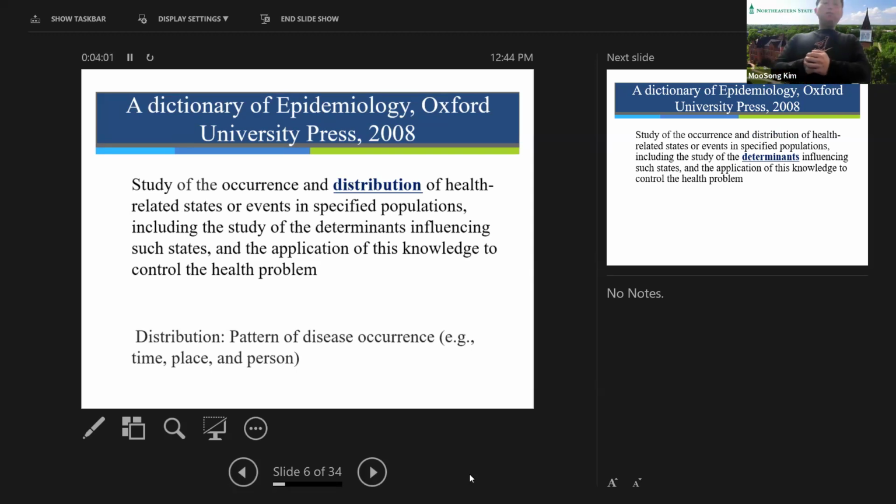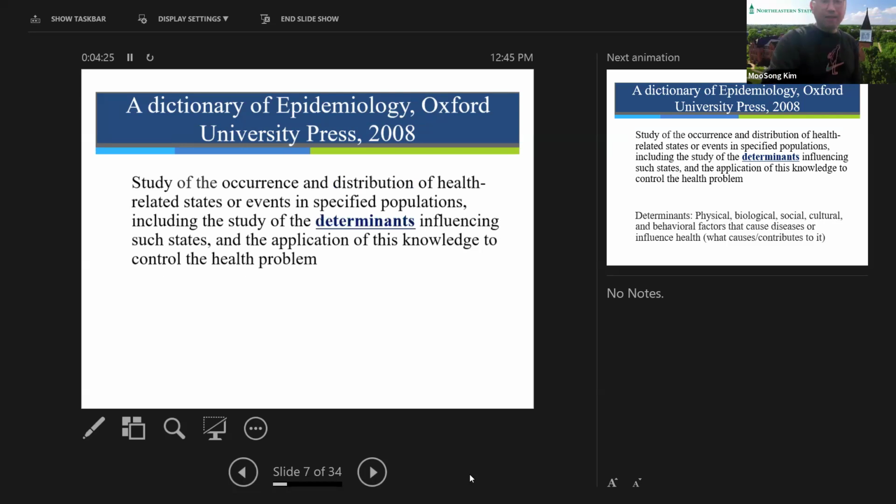The pattern of disease occurrence, that is the distribution. So using scientific approaches we study the frequency of disease and the distribution of disease occurrence, right? We study this, and we also study the determinants.